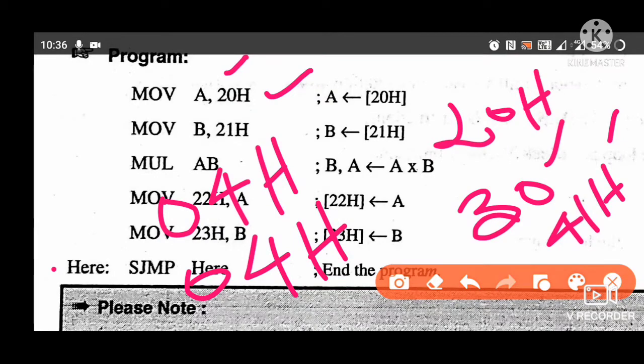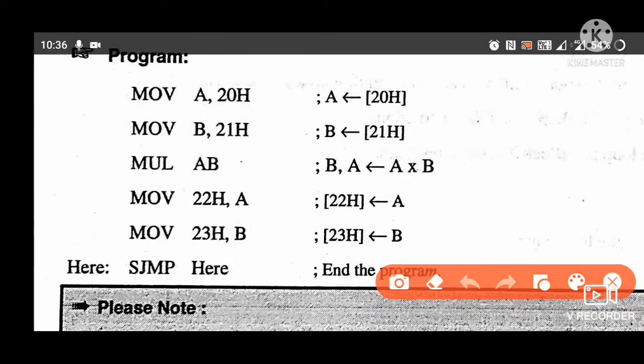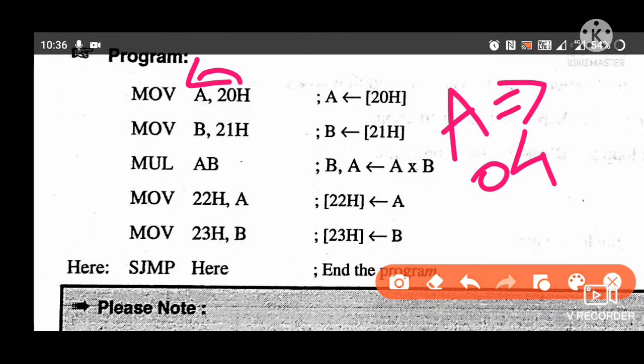Here I am going to transfer the data from 20h to A. So inside the A register, the accumulator, we now store 04h. Then after that we are going to move the second value, because the first value was already transferred into the A register.